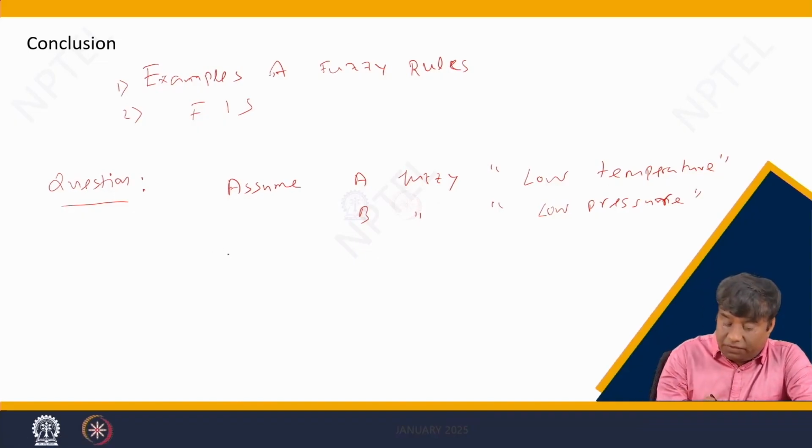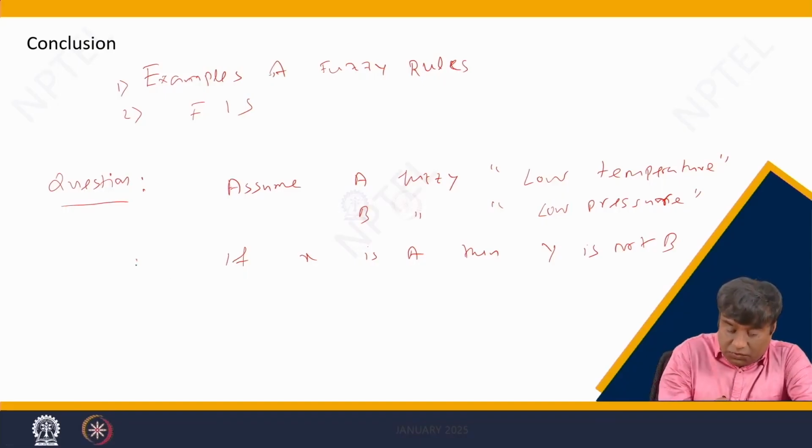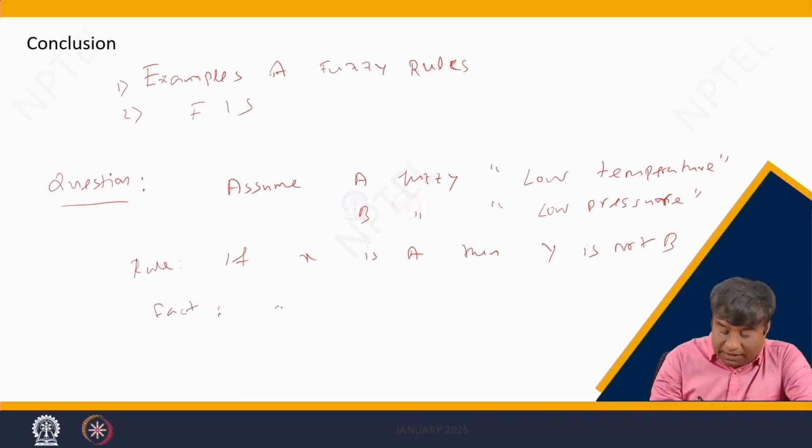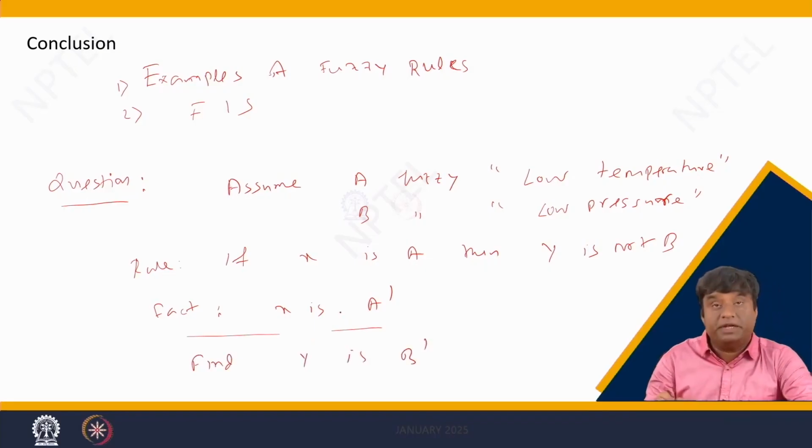Now the rule is: if X is A, then Y is not B. The fact is that X is some fuzzy set A dash. Find Y is B dash. So assume any fuzzy sets and try to implement this.